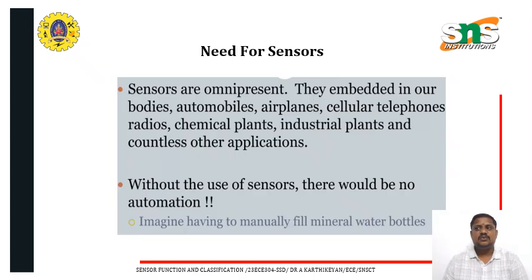What is the need for sensors? Why do we go for the sensor? Sensors are omnipresent and embedded in our bodies, automobiles, airplanes, cellular phones, smartphones, radios, chemical plants, industrial plants, the military, and everywhere else, so we can detect things.